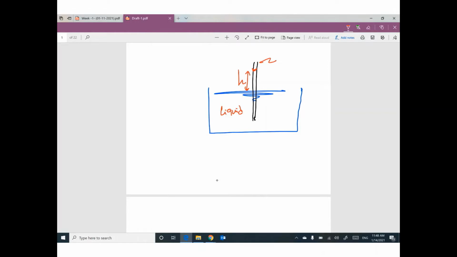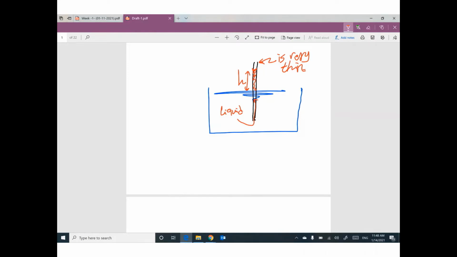This tube has a very little diameter. So we can expect the rising of this liquid inside this tube by distance h.